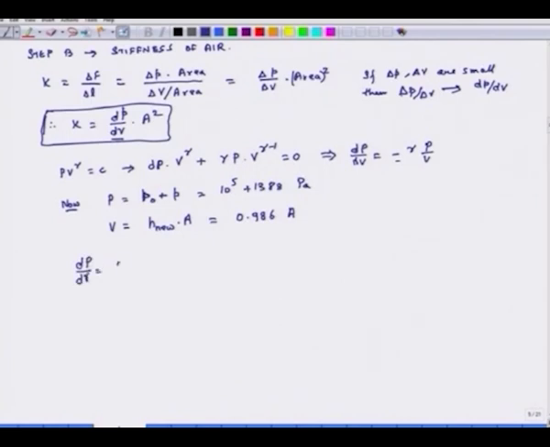So, dP over dV is equal to gamma, and I am dropping the negative sign for purposes of convenience, so gamma times 10 to the power of 5 plus 1388 divided by 0.986 A, and once again A is equal to pi times 0.3 square over 4.